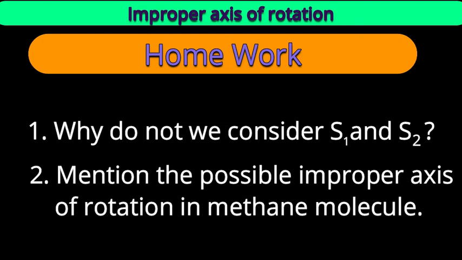It's one of the beautiful examples to understand the improper axis of rotation. Visualize that, and mention the name of the improper axis of rotation which exists in the methane molecule. Let us discuss how to represent all these operations, and the general order of their representation, in the next part.